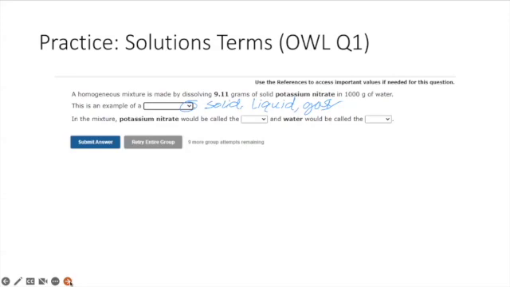This is an example of a liquid solution. In the mixture, potassium nitrate would be the solute because it's what's dissolving, and water is the solvent because it's what's in excess and what's doing the dissolving.